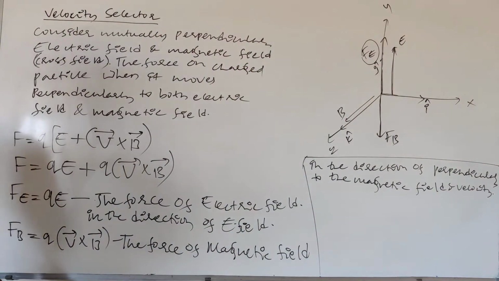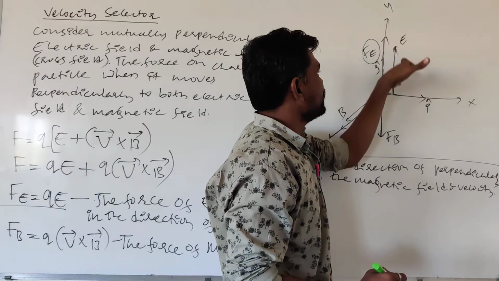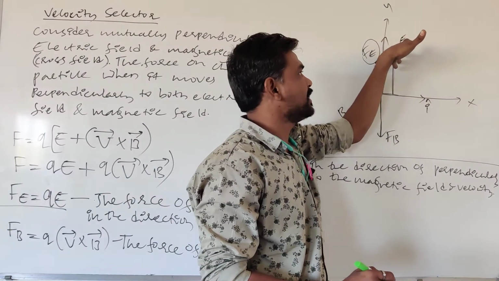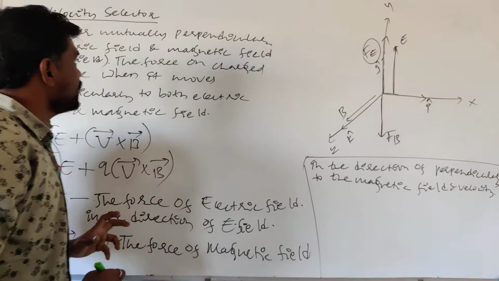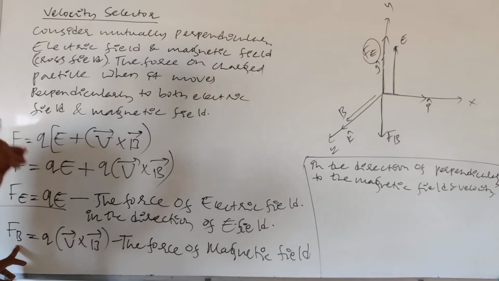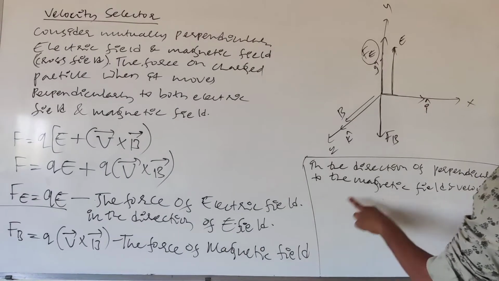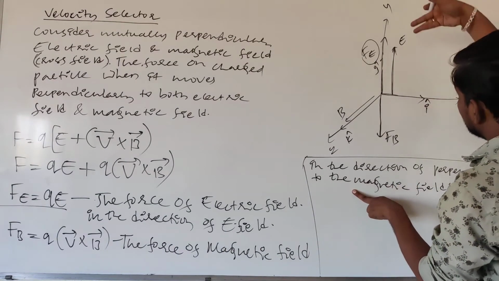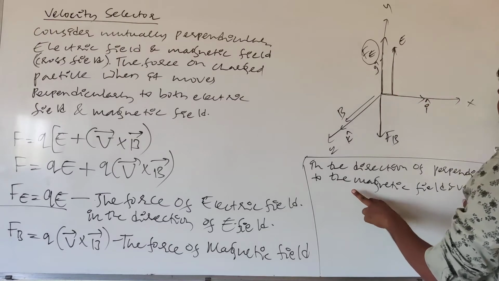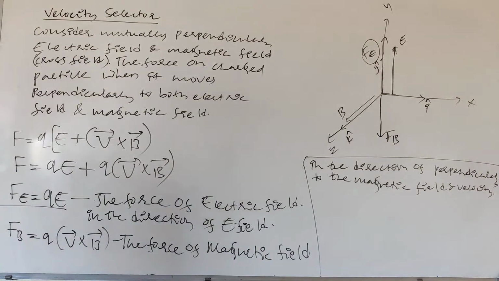So here notice what FE is: FE is in the direction of the electric field. Another thing is FB, the force of magnetic field, which is in the direction perpendicular to the magnetic field and velocity, right.